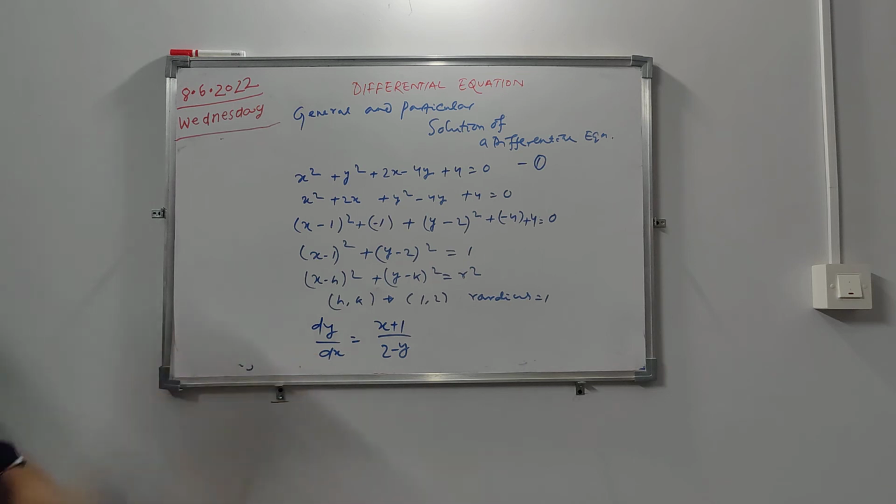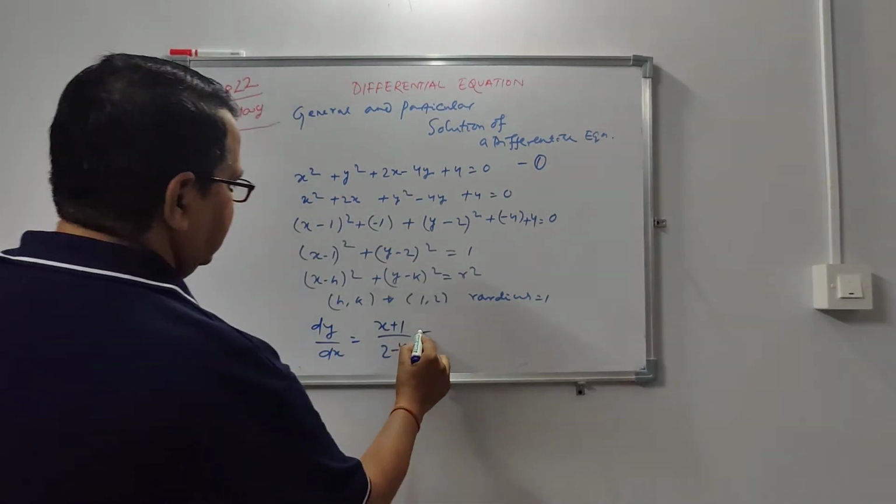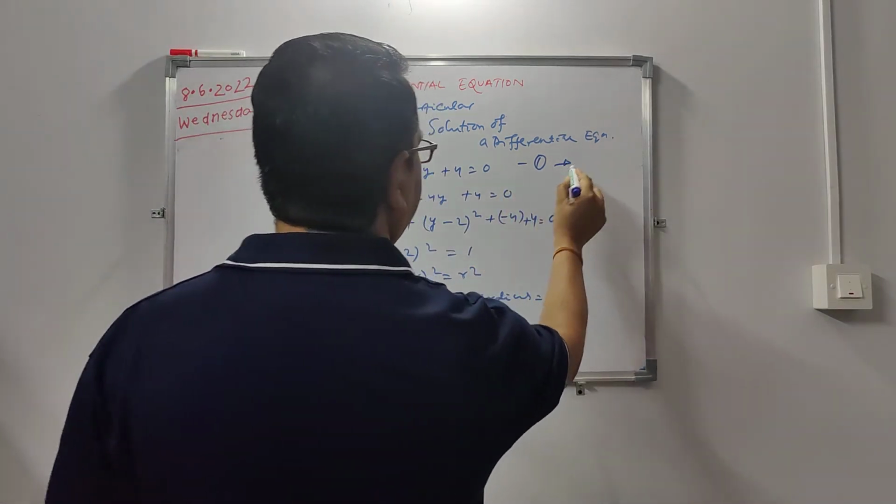Which is a differential equation. You will find later that this equation represents a family of circles, and one member of the family is a circle. So this is a particular solution of this.